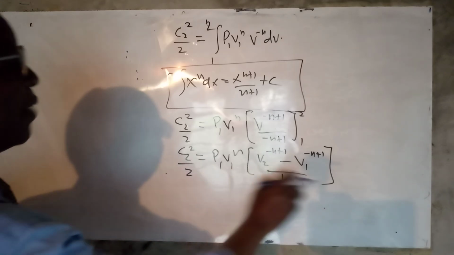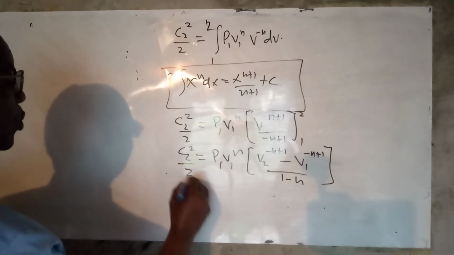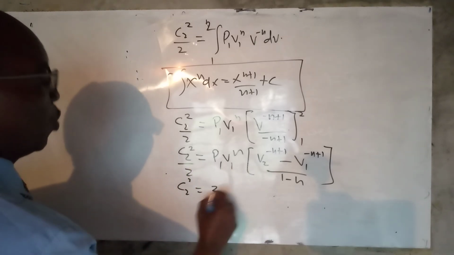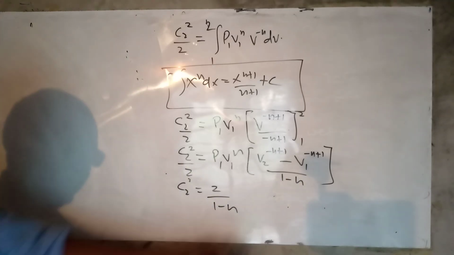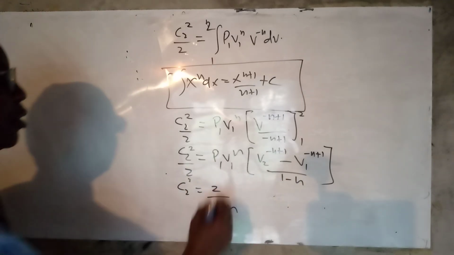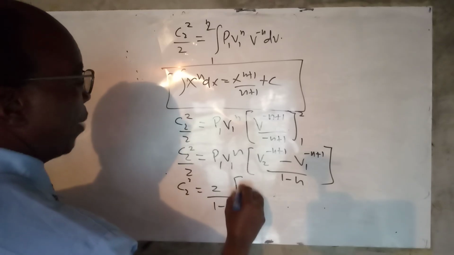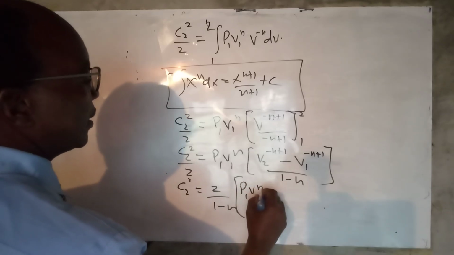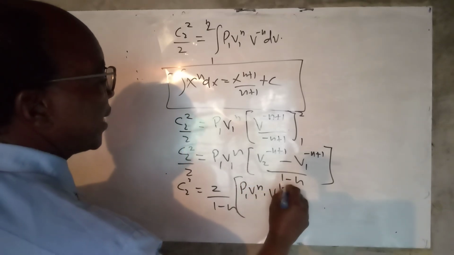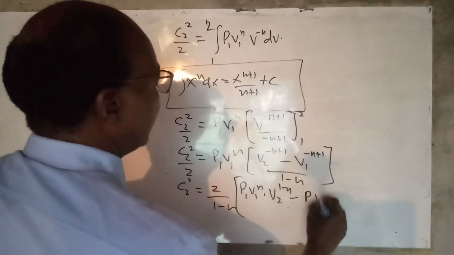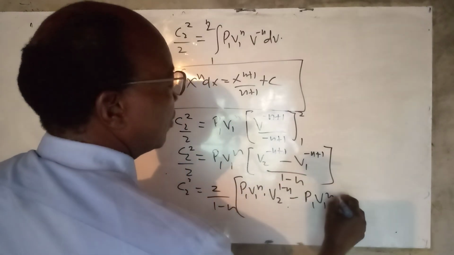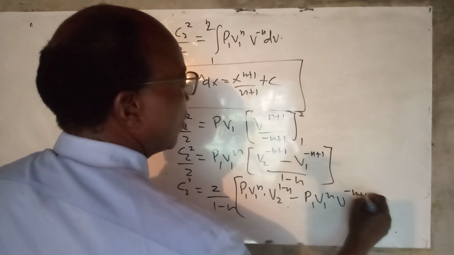We have C2 squared is equal to 2 over 1 minus n. We've just removed that denominator there. Then we have P1 V1^n times V2^(1-n) minus P1 V1^n into V1^(-n+1).